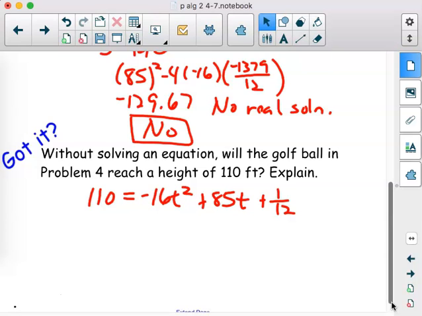And I'm going to put you back in breakout rooms. I want to remind everybody, Rapid Identity has the graphing calculator app in there. Find the discriminant and then tell us whether or not this can happen or not.